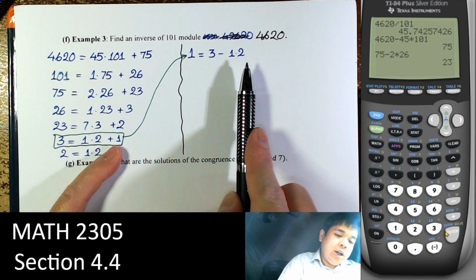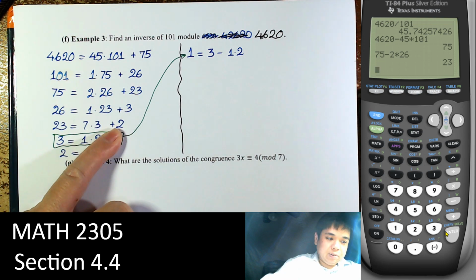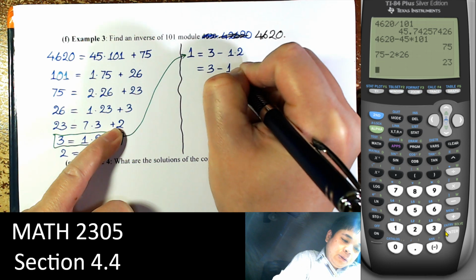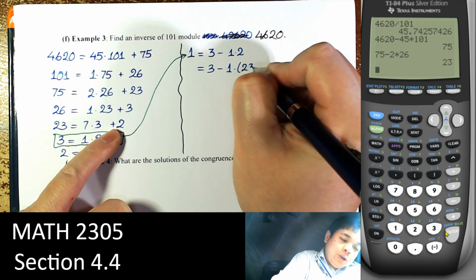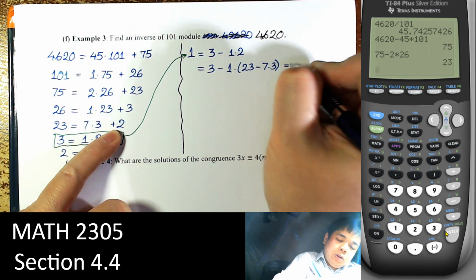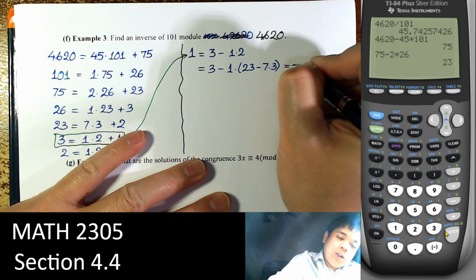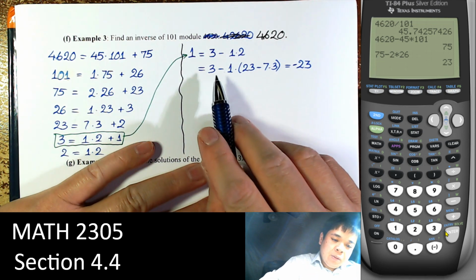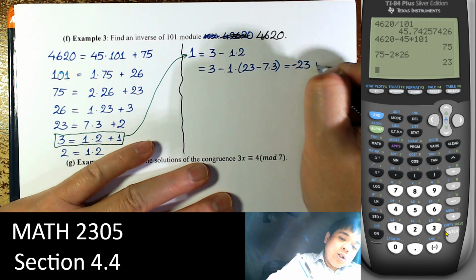Now the 2 here is a remainder. Next, replace that by this. Now look at this, we have negative 23 and 3 minus plus, so that is 7 times 3, which is 8 times 3.